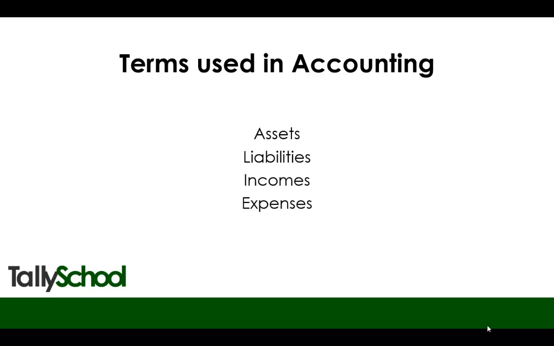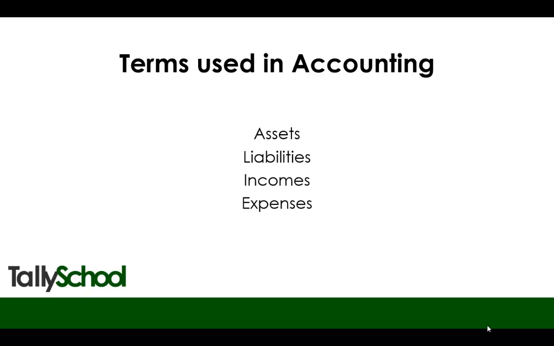So that's your liability. And when you expend that money for petrol and maintenance, that's your expense. Many people get confused between assets and incomes and liabilities and expenses, but they are very simple once you understand them.